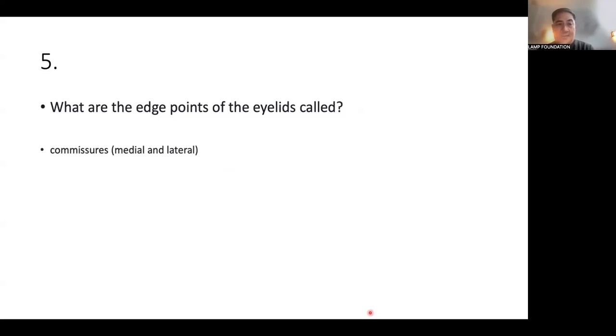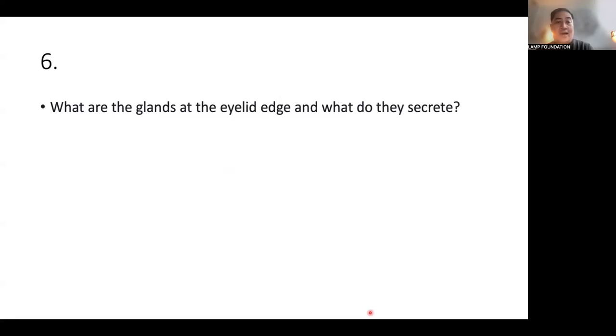Commissures. What are the glands of the eyelid edge and what do they secrete? The glands are tarsal glands and they produce an oily secretion that lubricates the eye.